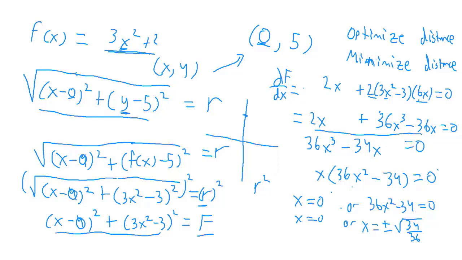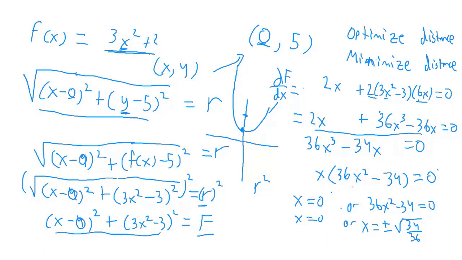So our 0, 5 is here, and our parabola goes up like this. Just looking at it graphically, we can see that there isn't actually going to be any maximum value when it comes to distance, because we can always find a further point away from this 0 comma 5 point.